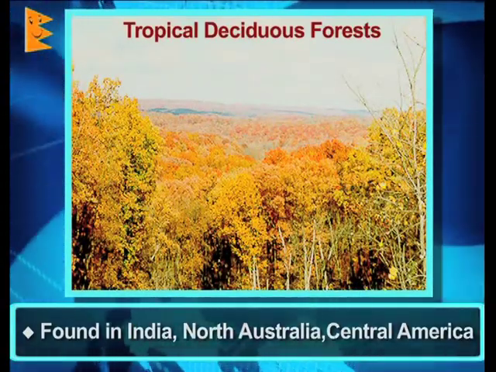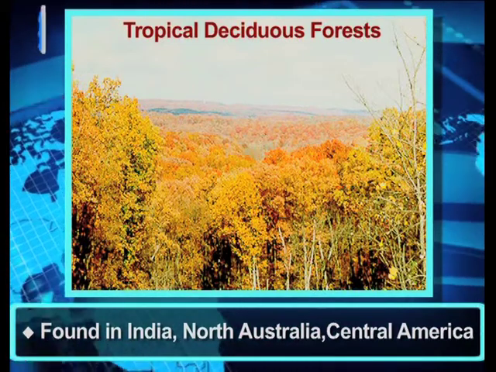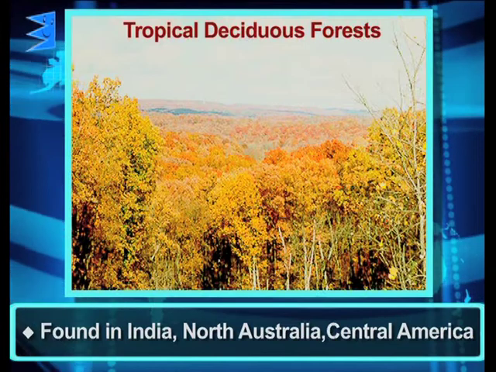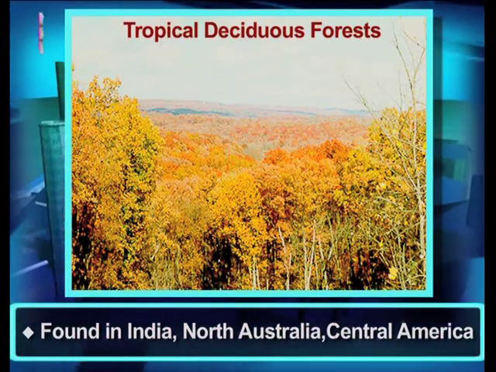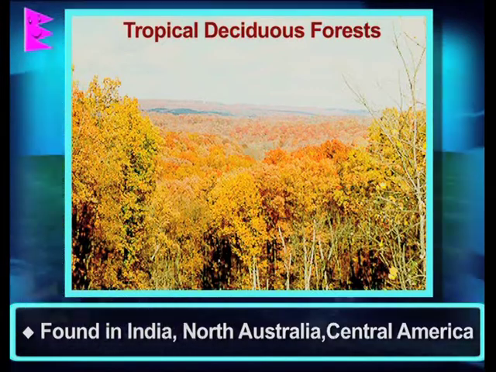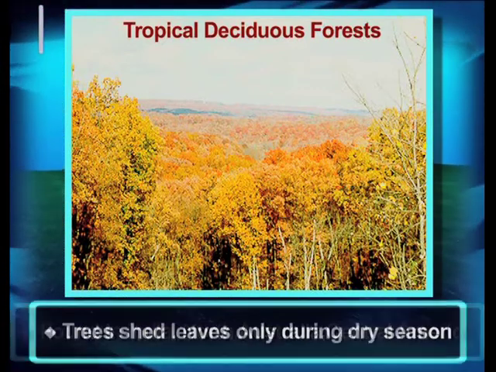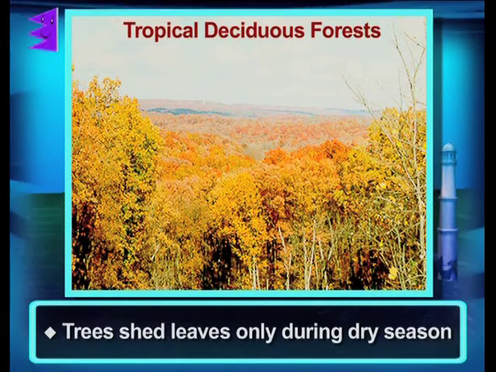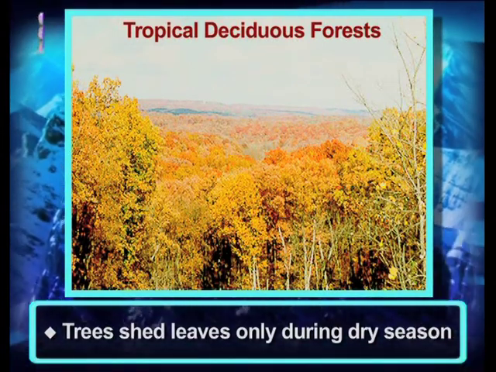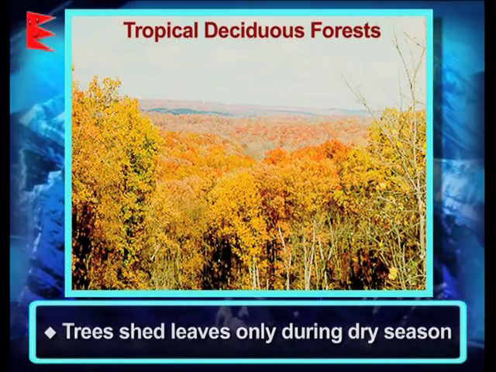The tropical deciduous forest is found in India, in the North Australia and in the Central America. In this kind of forest, trees shed their leaves only during the dry season so that they can conserve lots of water.